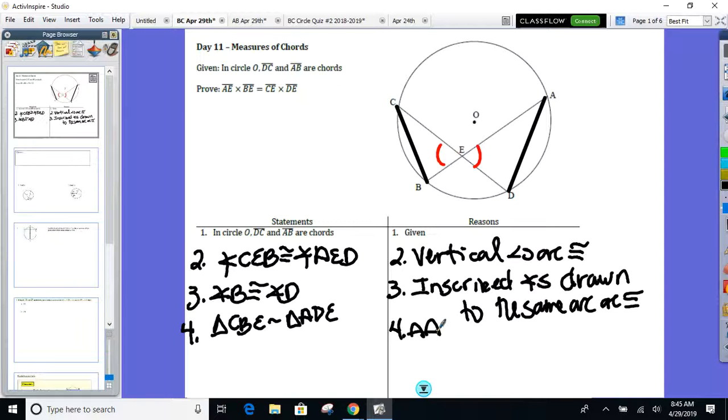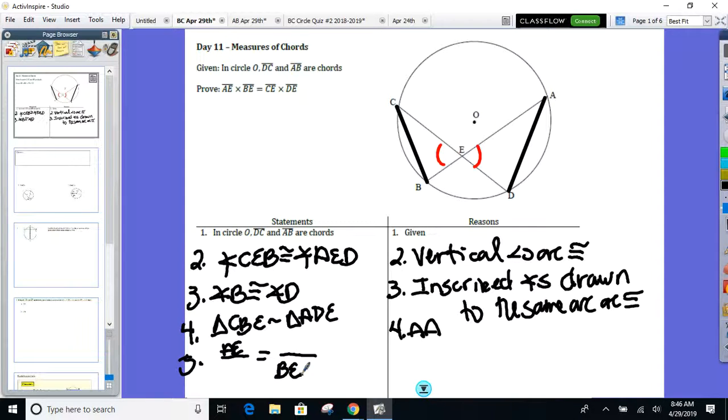Okay, I don't know if you remember the next step, but it's not our proof statement. After the triangles are similar, what do I know about the sides? They're in the same ratio, so you guys need to set up a correct proportion right now that will lead me to this proof statement. So yes, I can put AE really anywhere I want, but now when you put BE, where does BE have to go? Correct, so I'm going to end up cross-multiplying here.